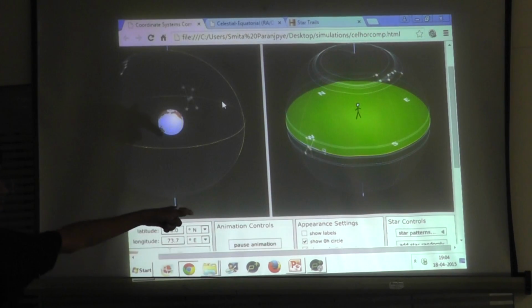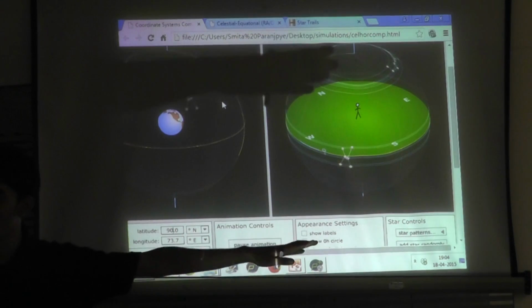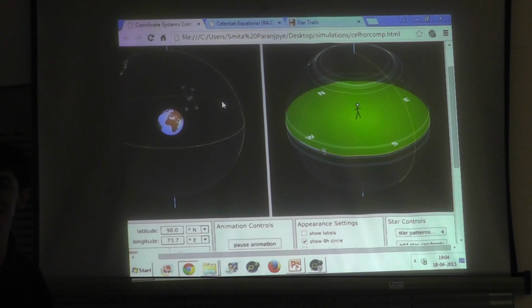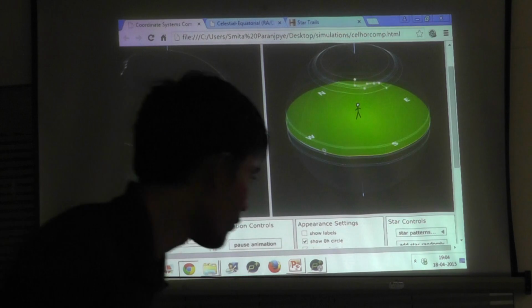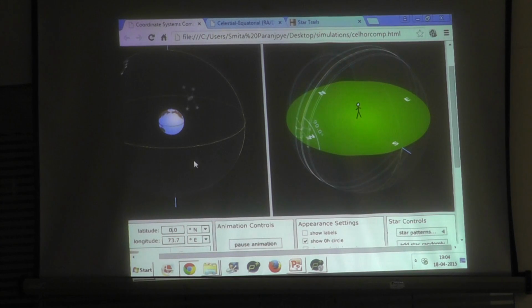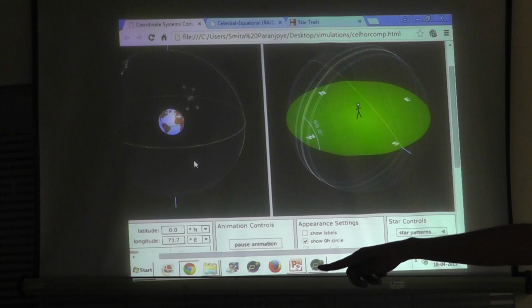At the equator, when I showed you just now, where would the pole star be? The pole star is at the horizon. And as we said, all stars make circles around the pole star. So if you go back to the equator, we are going to make large circles because the pole star is at the horizon.